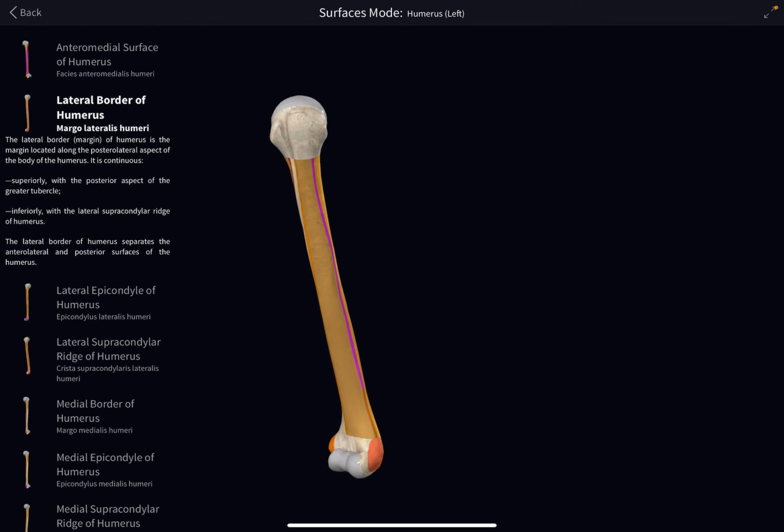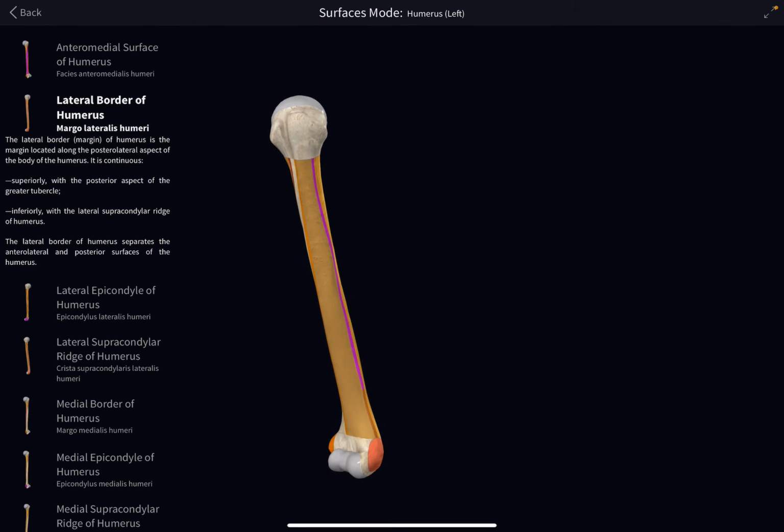Now the next border is the medial border. This is the medial border of the shaft of the humerus. It goes upwards from the tip of the medial epicondyle. This part highlighted in orange color is the medial epicondyle. We can see this is the medial supracondylar ridge, the sharp lower part of the medial border.